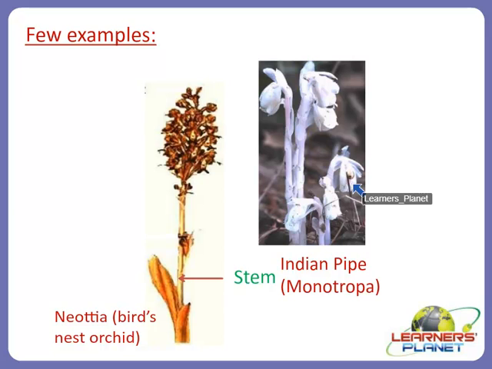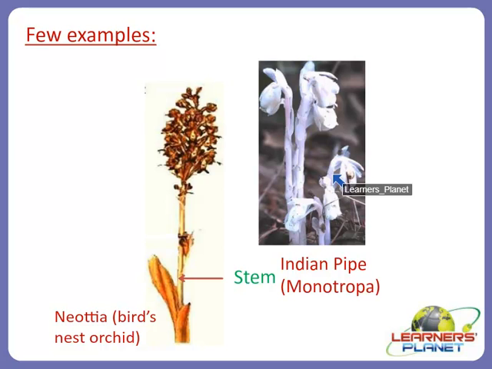Means they also have specialized roots, which are associated with hyphae. These Neottia and monotropa are flowering plants, and their roots associate with the fungal hyphae, which helps them in absorption, and that is why they are able to get their nutrition. So this is about Neottia, also called bird's nest orchid, and Indian pipe.